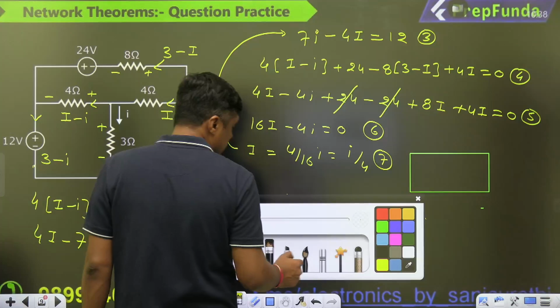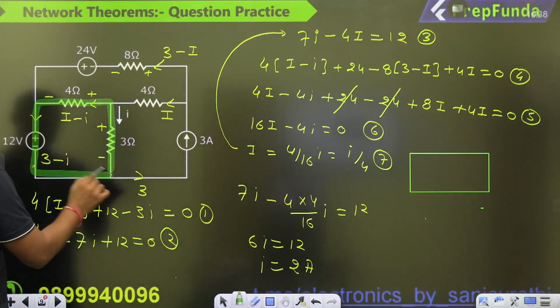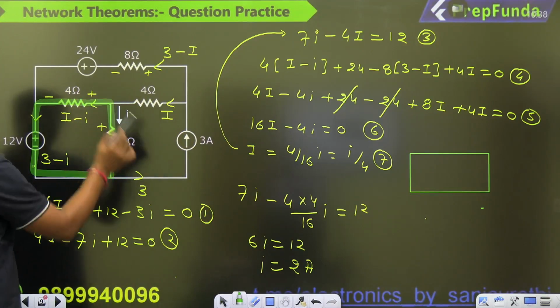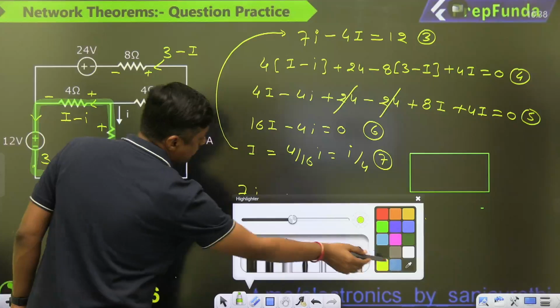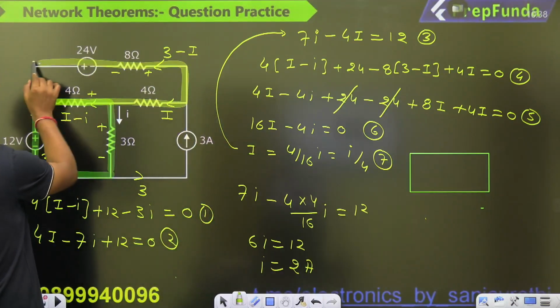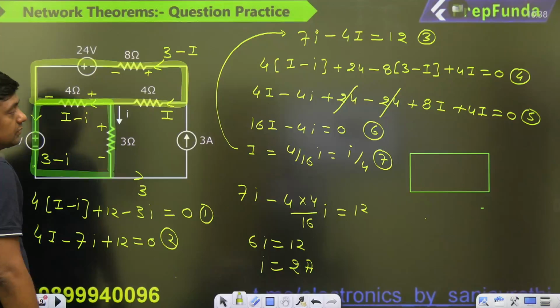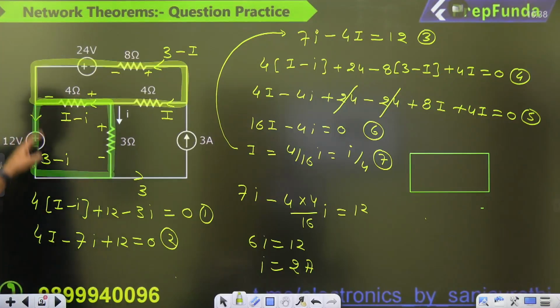You are asking a question, sir. So this is one loop and that is the second loop. Because here it is a current source, we can't write the KVL here. And that's why we have used this loop and this loop only.